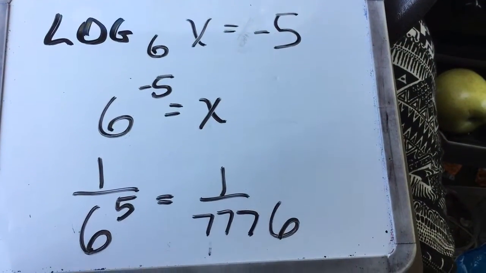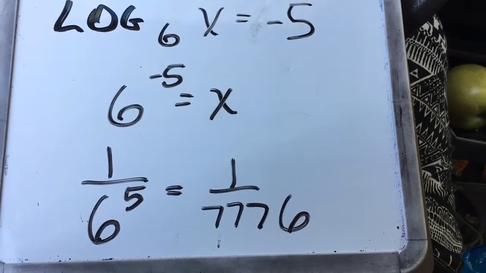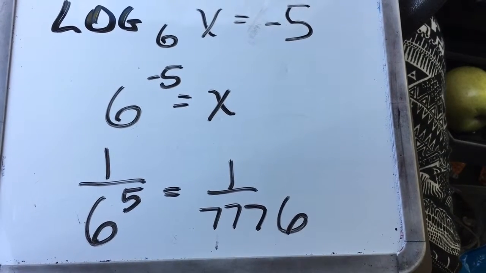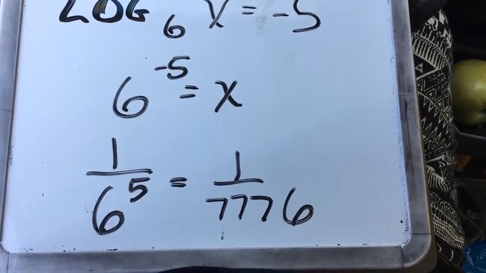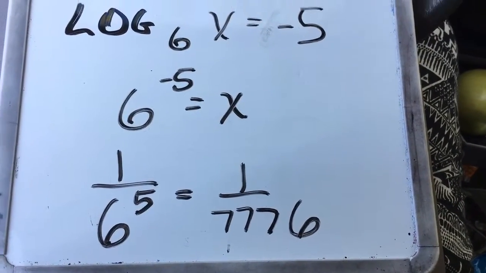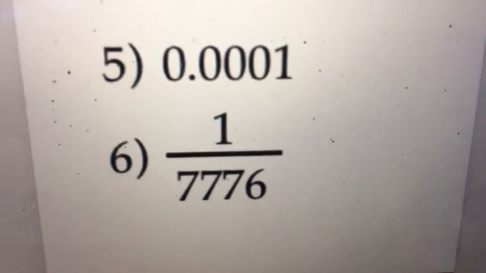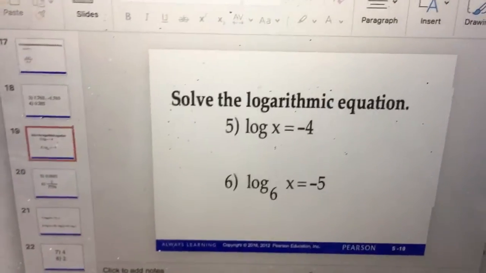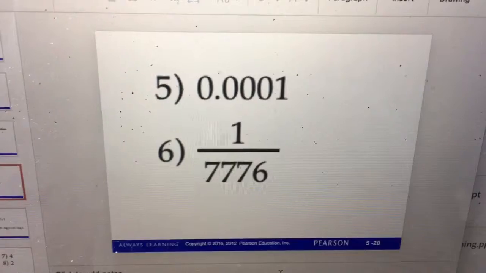Then 6 to the -5 is 1 over 6 to the 5th, which is the same thing as 1 over, stick it on your calculator, 6 to the 5th is 7,776, and that is the correct answer. So the original problem looked like this, and that is the answer right there.